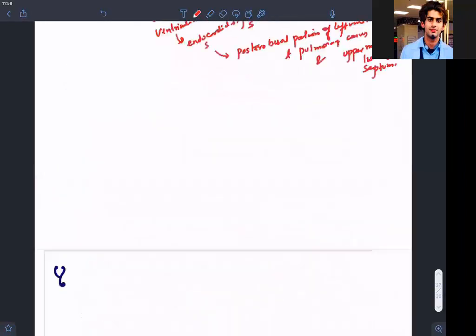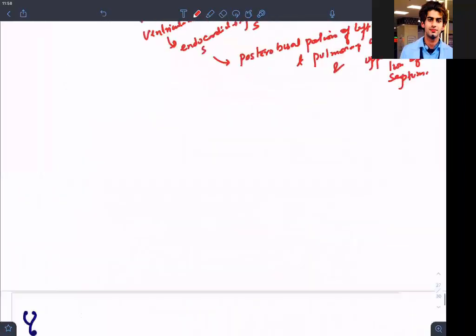So see, if I make a small heart, although I have a big heart, but yeah, a small heart here. I make a septum like this. Okay, this is the septum.